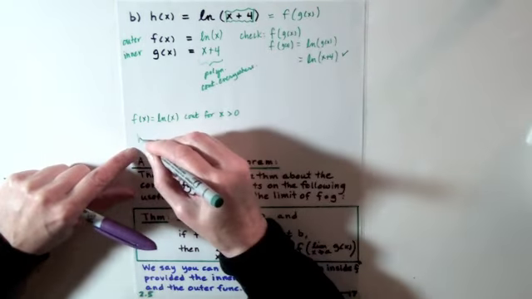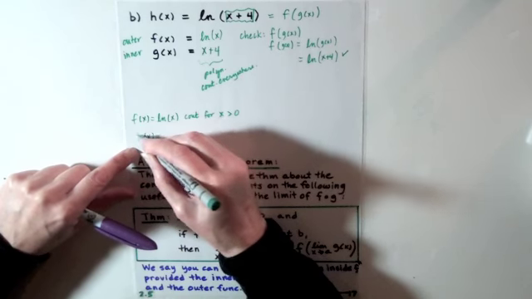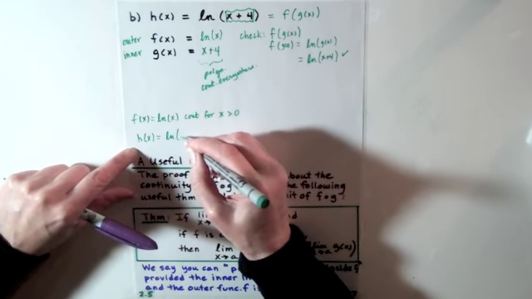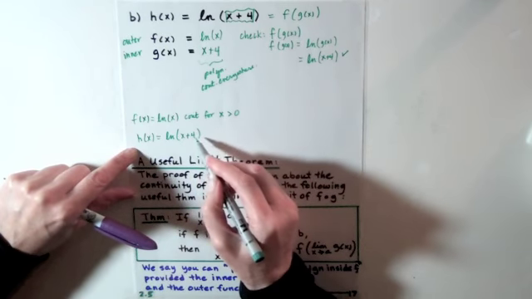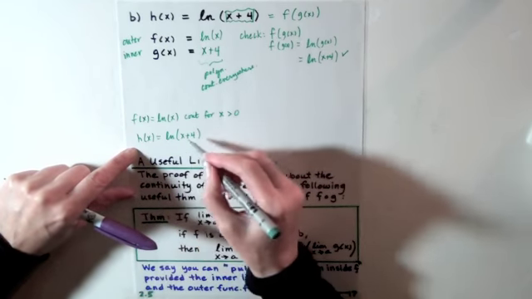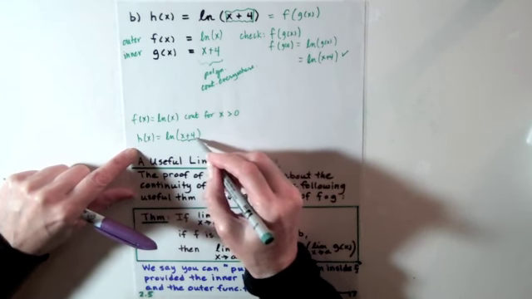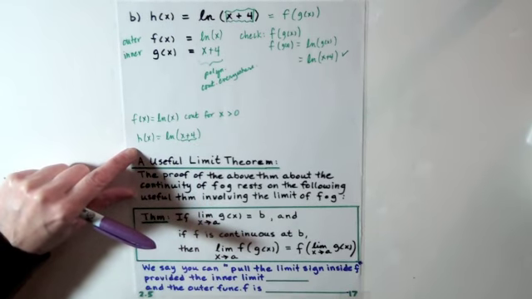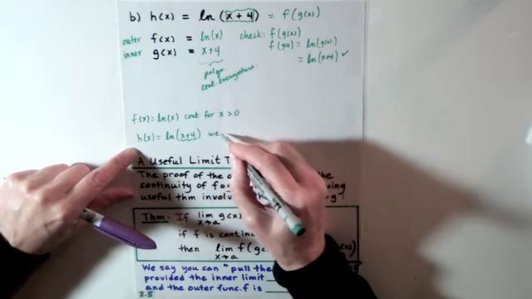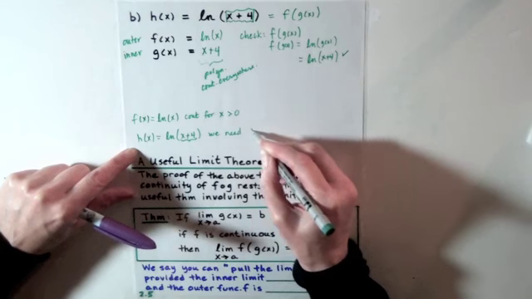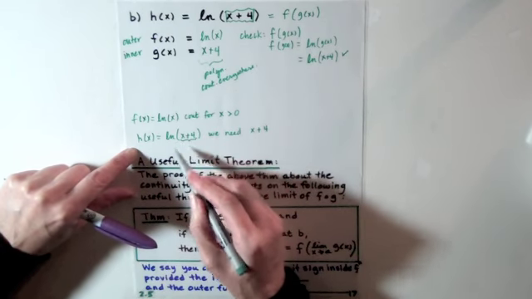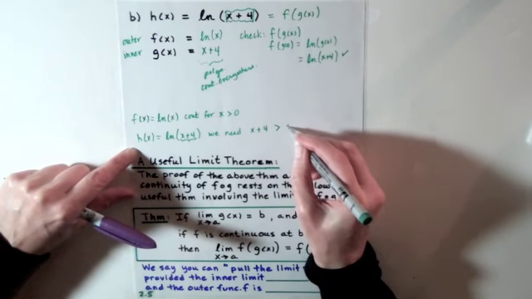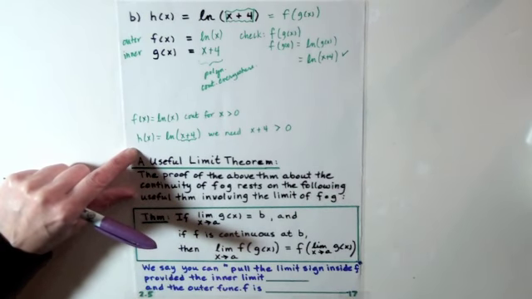So when I look at the overall composite function h of x, which is ln of x plus 4, although the inner function is continuous everywhere, the outer function is only continuous when its inputs, namely x plus 4, are greater than 0. So we need x plus 4, whatever's inside this natural log expression, to be something that is positive, greater than 0.